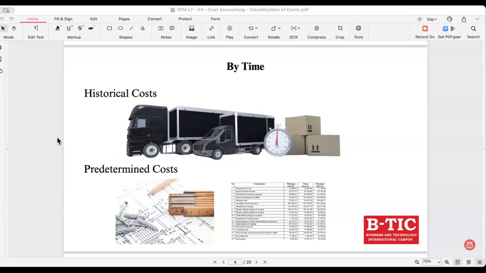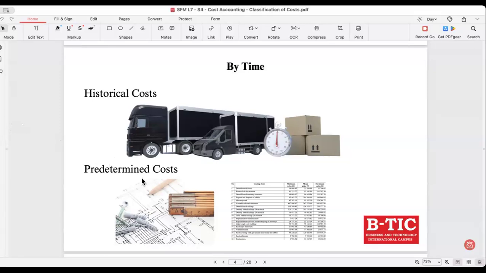For an example, if a company, say ABC company, purchased a machine worth $100,000 in 2024, this is a historical cost.